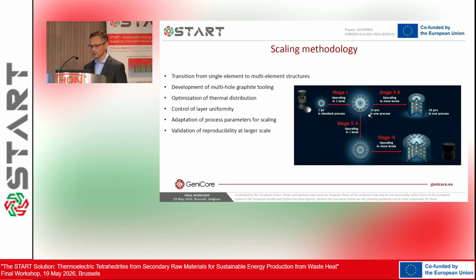At this stage, it is important to ensure uniform temperature distribution, and we also have to take into account that the graphite die must withstand the load, and very often the thickness of the wall is lower than in the initial stage.